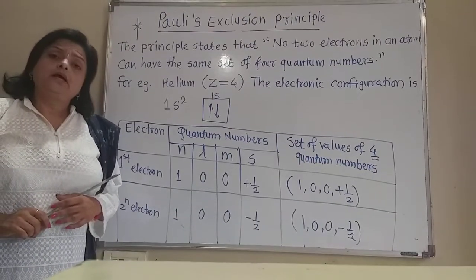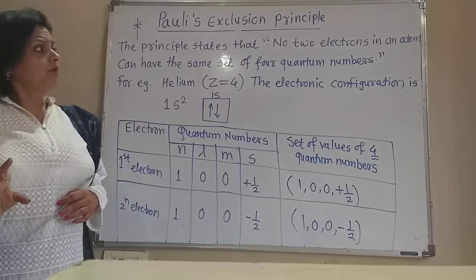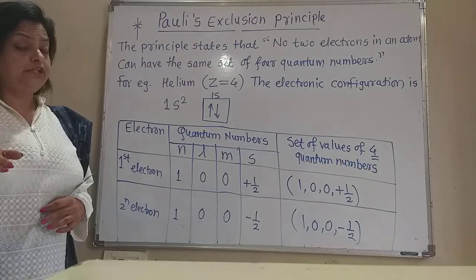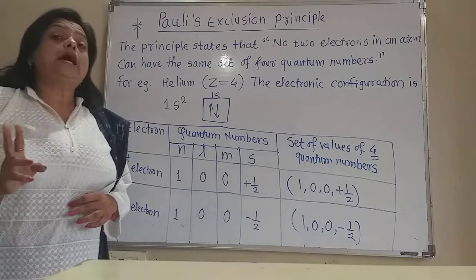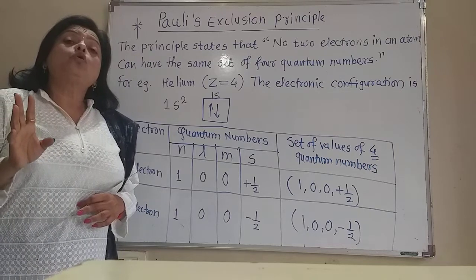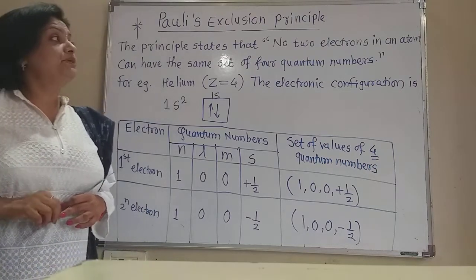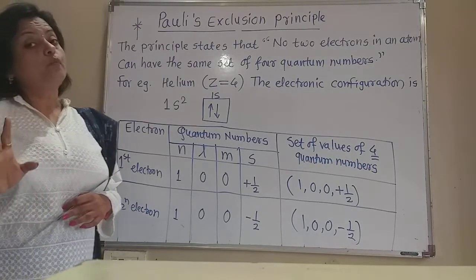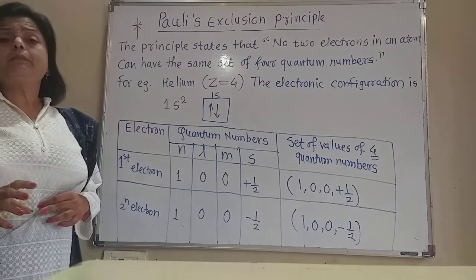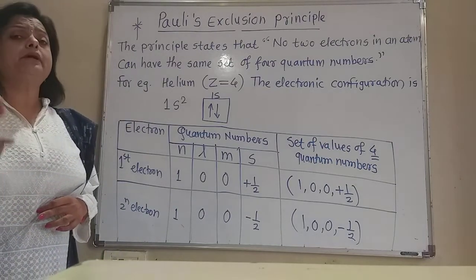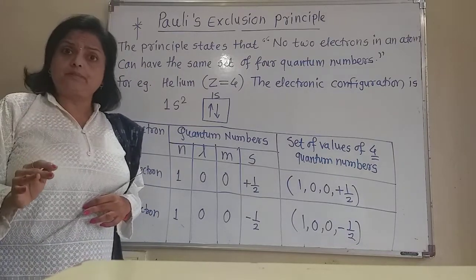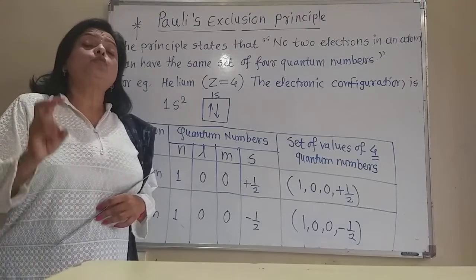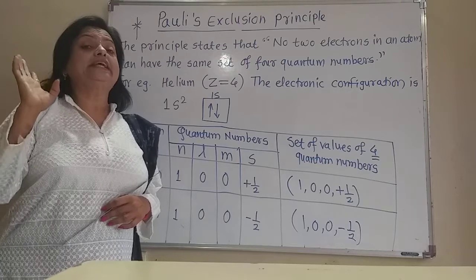That means the principal quantum number, azimuthal quantum number, magnetic quantum number and spin quantum number: all these 4 quantum numbers do not have the same values for any 2 electrons in an atom.